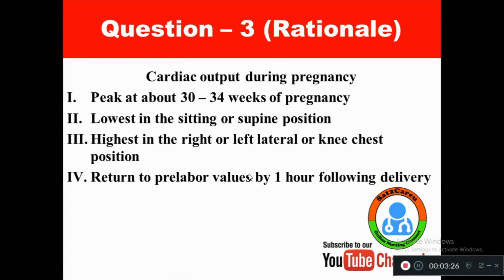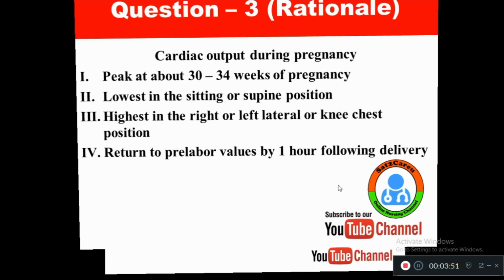Let's see the explanation. Cardiac output during pregnancy peaks at about 30 to 34 weeks of pregnancy, lowest in sitting or supine position, highest in the right or left lateral or knee-chest position. It returns to pre-labor values by 1 hour following delivery.